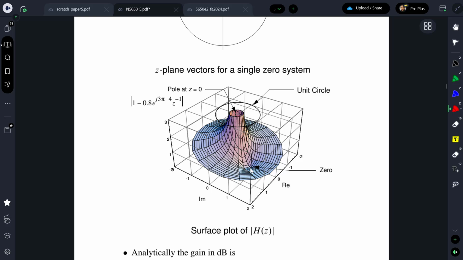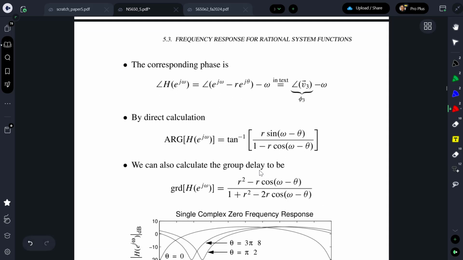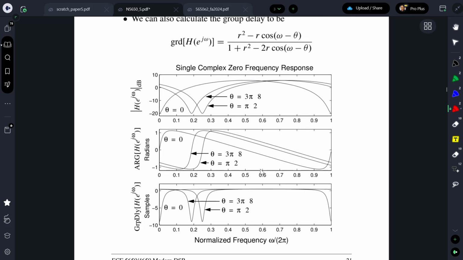But we're going around and evaluating on the unit circle, which is going to be a surface that goes up and down. And I show the math here, but this is the interpretation for it, that the 0 is causing the response to go tiny magnitude-wise, or in dB, negative dB, when you hit the angle of the 0, and these are just different angles of the 0, and that sort of thing.